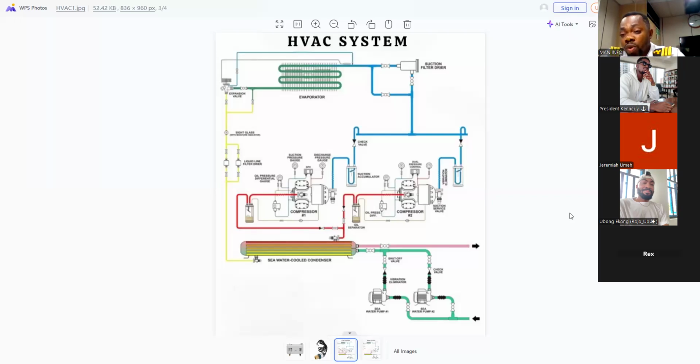Because what the sensing bulb does is just help the expansion valve to regulate, either to open more or to close. Check the notes. From the sensing bulb, it ensures that no liquid refrigerant enters the compressor.